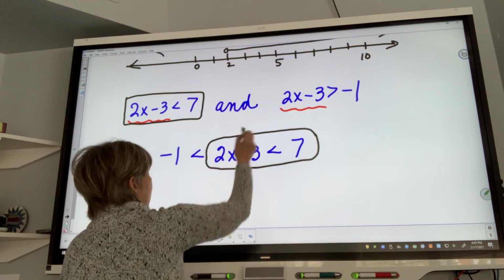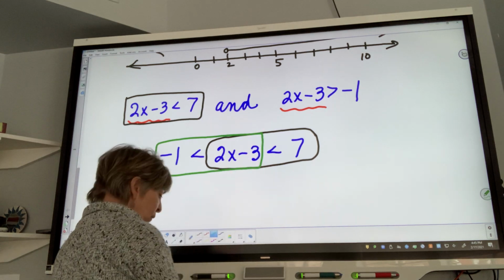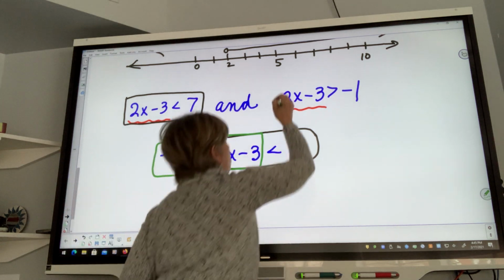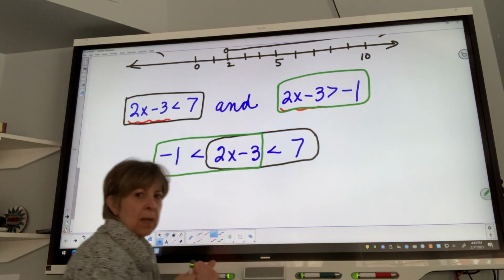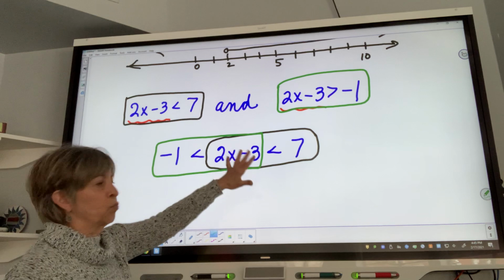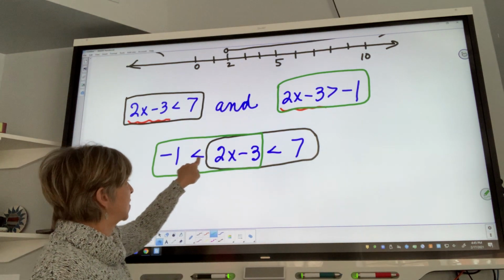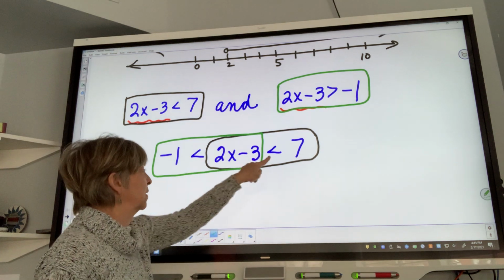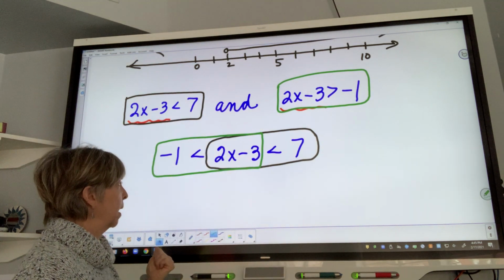And this half of it, overlapping, is just this, which has been flipped around. Because when mathematicians write a double inequality like this, these signs always want to be pointing the same way. That's why they flip that around, okay?